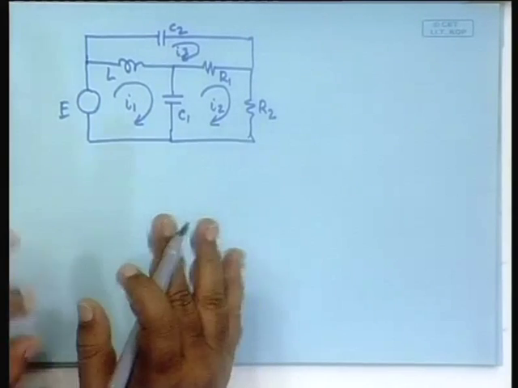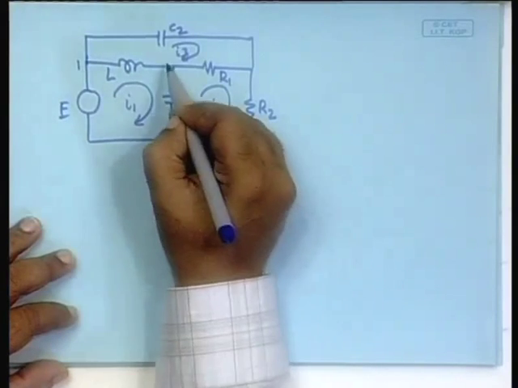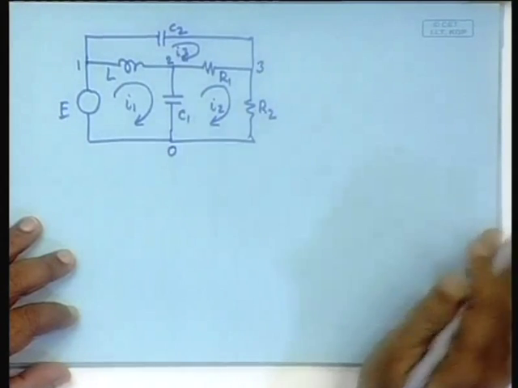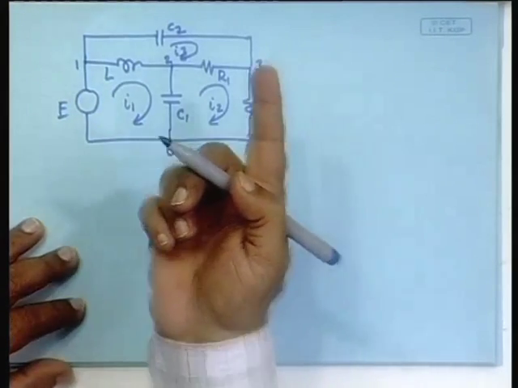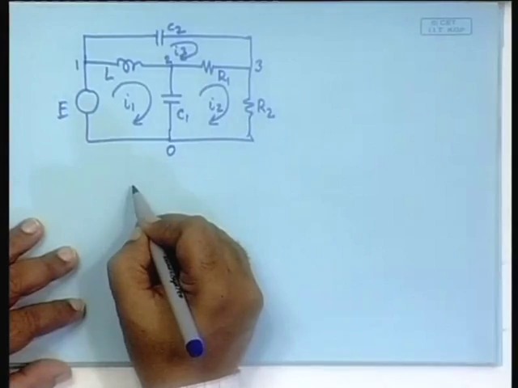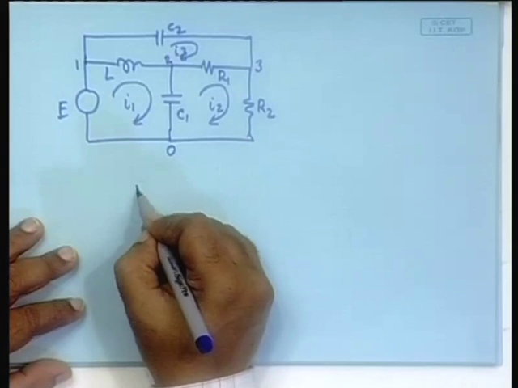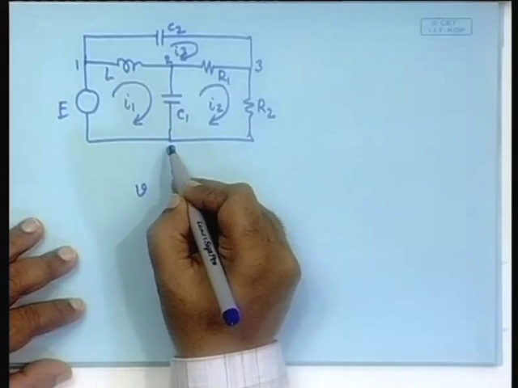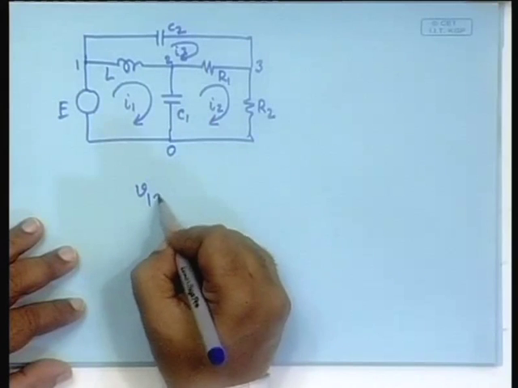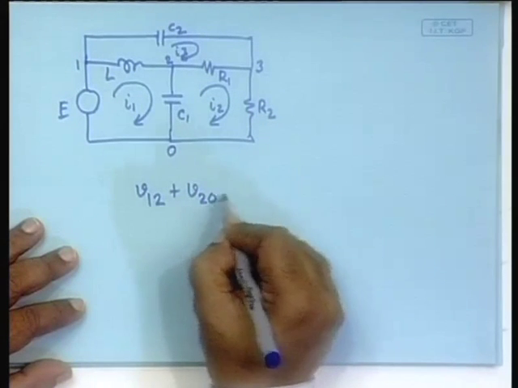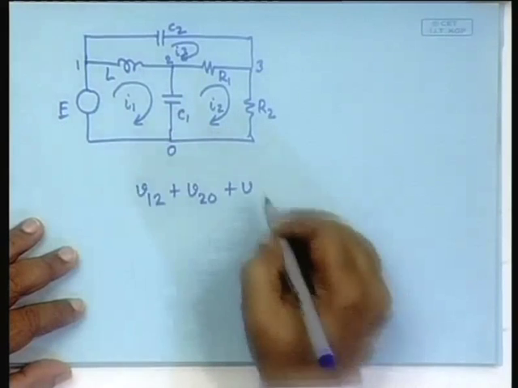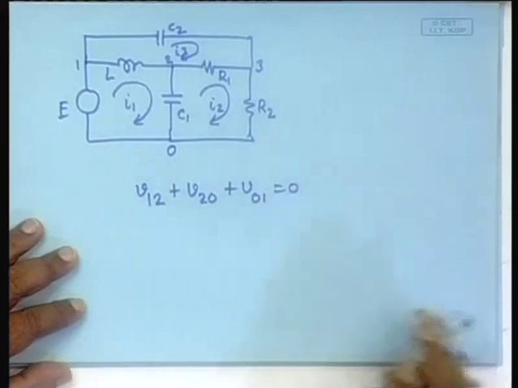In order to not make errors, I will mark the nodes 0, 1, 2 and 3, and then say the mesh current method will give V12 plus V20 plus V01 is equal to 0.